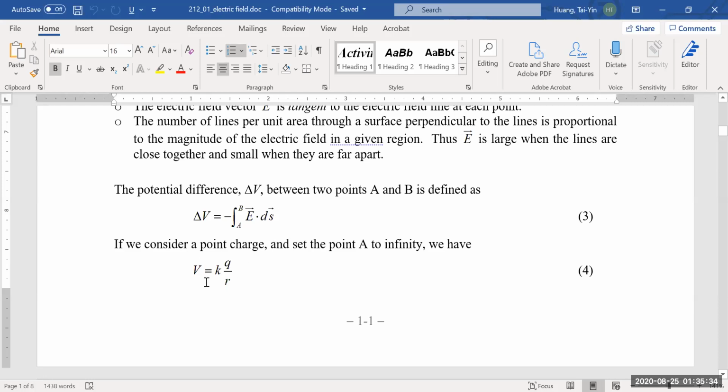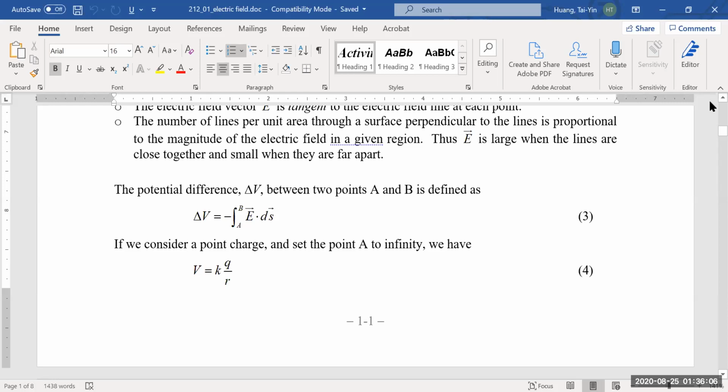Then the potential produced by a point charge is K, again, the same K as in equation 1, and then Q, which is the charge magnitude, and over R. So the potential produced by a point charge is KQ over R, okay? And so again, Q, the charge, can either be a positive charge or a negative charge.